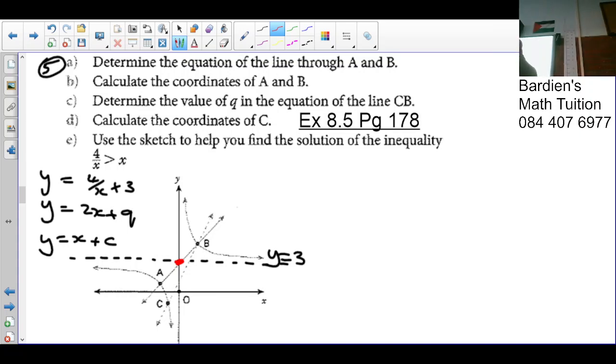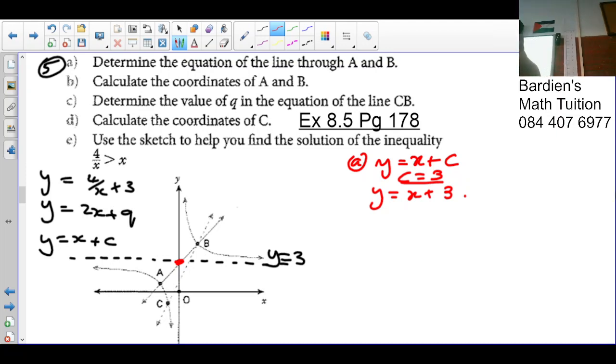So the equation of that line is y is equal to x plus c. Why x plus c? Because it's the axis of symmetry with a positive gradient. Can you see that? The axis of symmetry with a positive gradient. And what is your y-intercept here? 3. Okay? So your c is equal to 3. So y is equal to x plus 3.